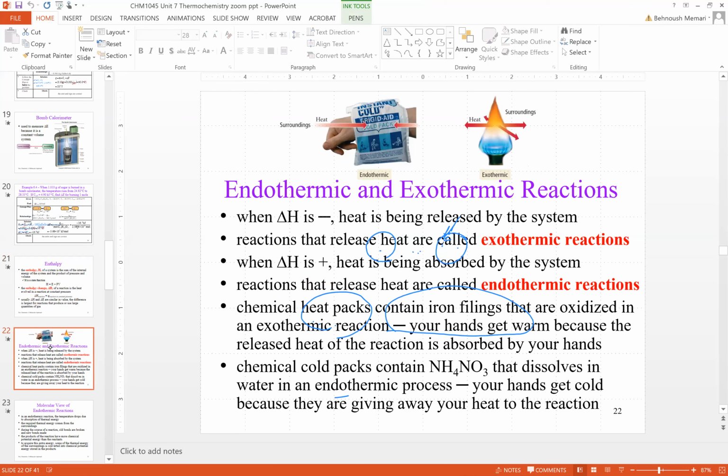For a reaction that is exothermic, the sign for delta H is going to be negative. That's for an exothermic reaction. That means internal energy is going to go up. That means the product is going to have more energy than the reactant.